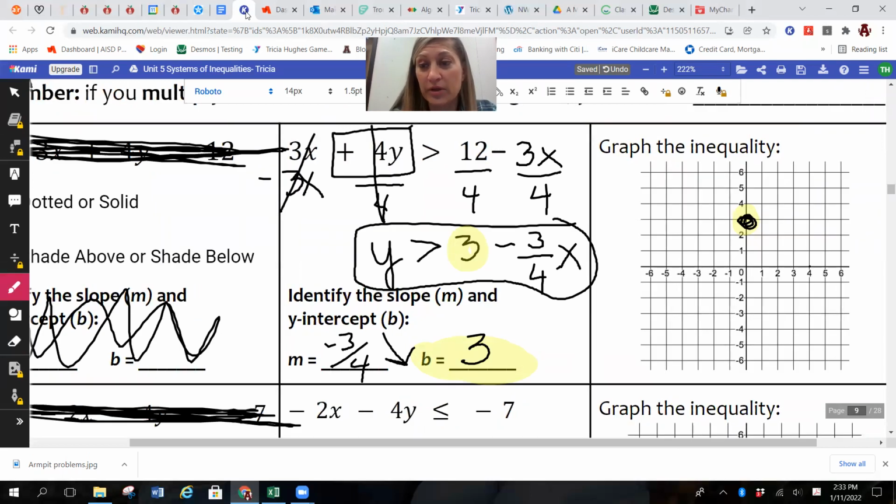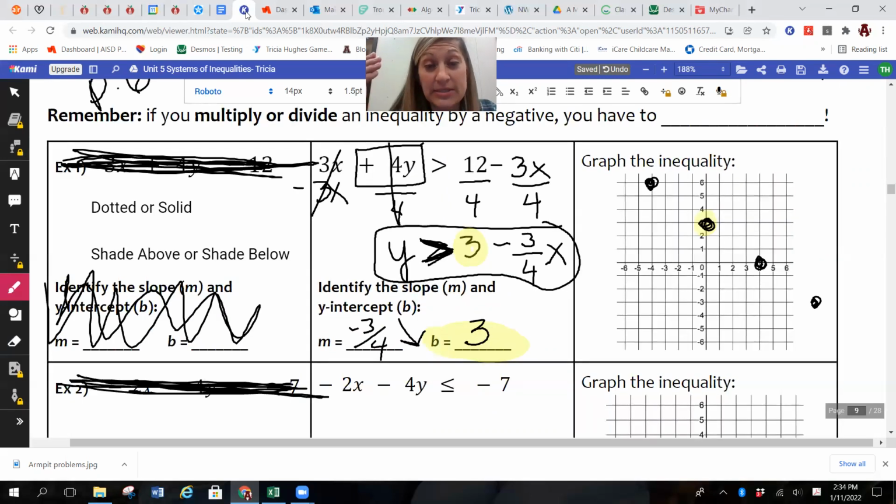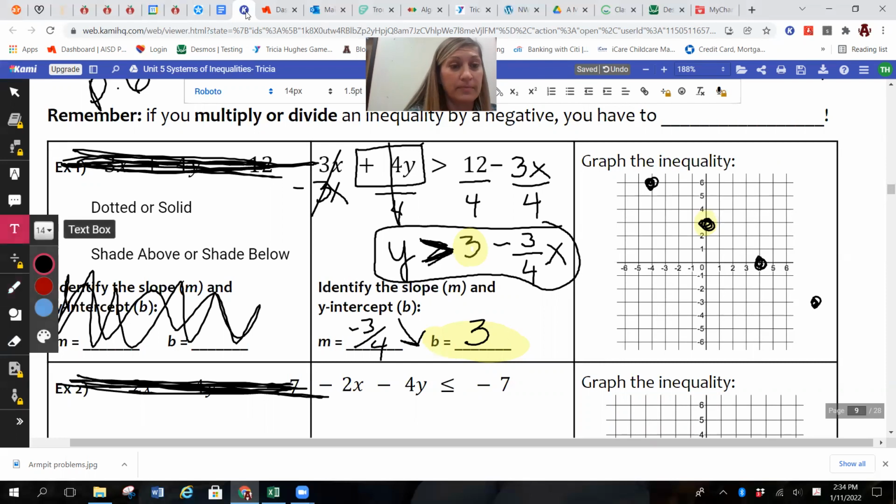Okay, we are going to use the slope negative 3 over 4. So we're going to go down 3 and over 4 right there, down 3 and over 4 over there. Also, we'll go up 3 and to the left 4 right here. Before I get excited and connect these points, I have to remind myself we're dealing with an inequality called greater than. So if I looked back on page 6, I would see a greater than sign.